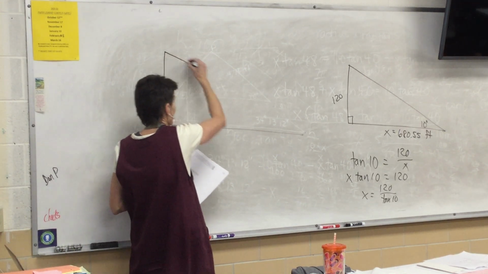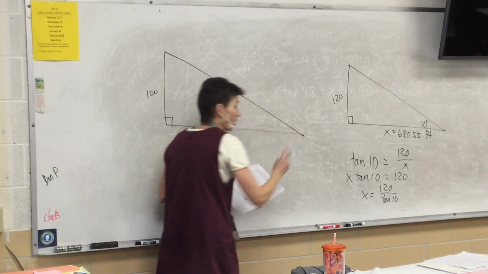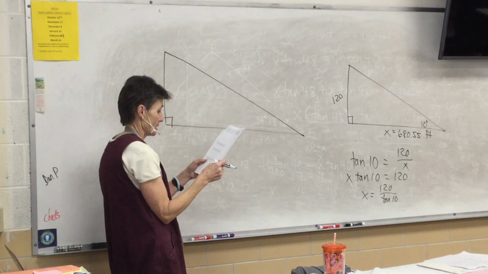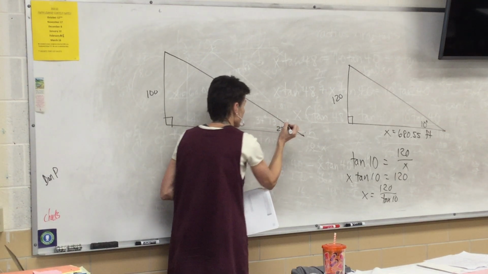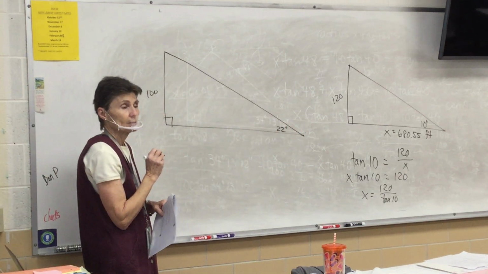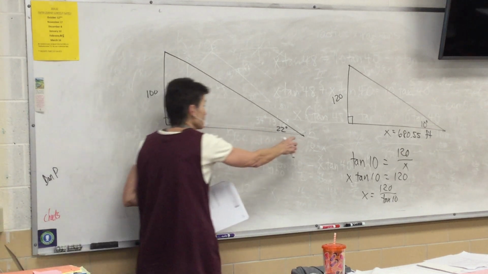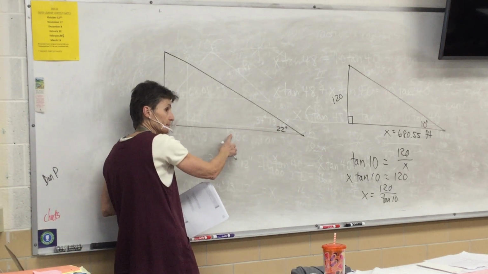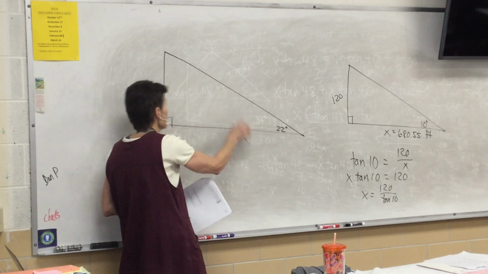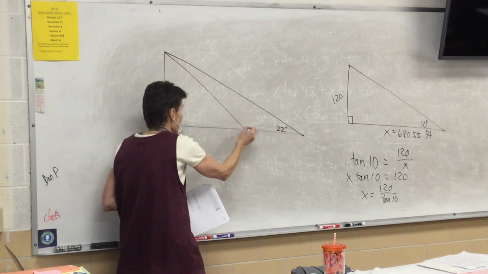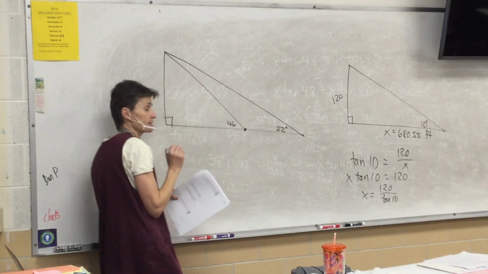So the guy's standing up here and he looks down here and he sees the car. His first angle is 22 degrees. But the car is moving toward the building. So after a little while, now the car is here. And when he looks down, that angle is 46.